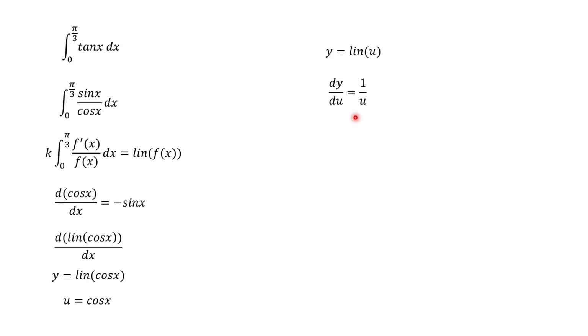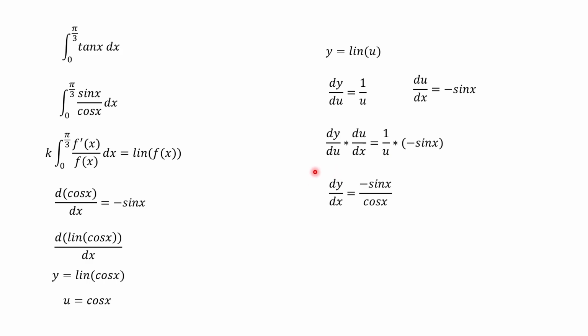dy over du is just 1 over u, and du over dx is equal to minus sine x, which we said over here. And now maybe you can also see why this equation holds true, because we have 1 over our function and we have the derivative here, and we can just simply multiply them to get dy over dx, and the du's will cancel out, so then you end up with 1 over u times minus sine x.